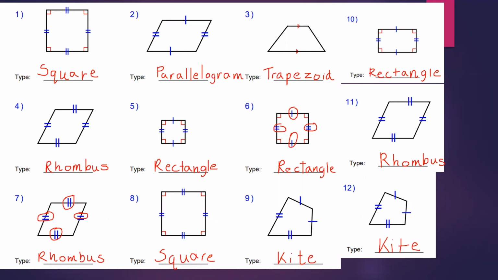Bailey's supposed to be correcting the stuff, right? Yes, sir. I already sent it. So you on number 4 for what? For the rhombus. Okay. I'm just drawing them up right now.